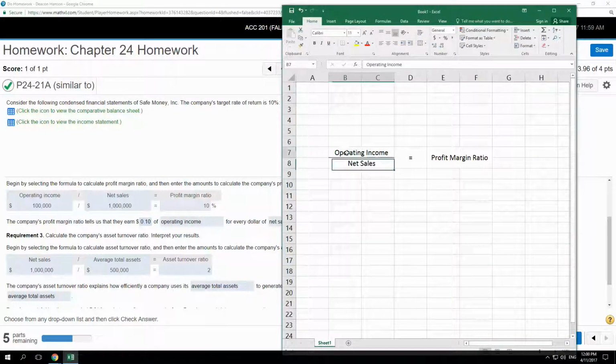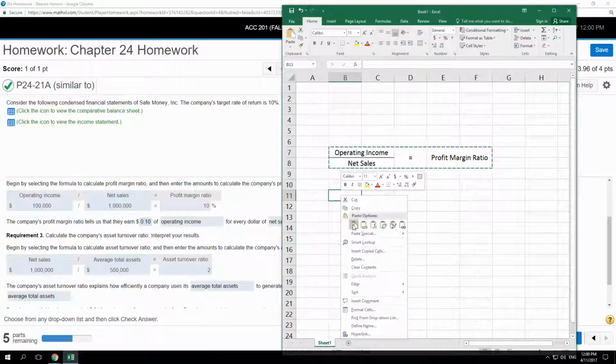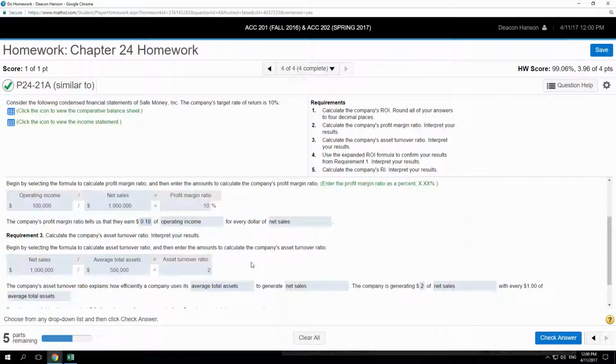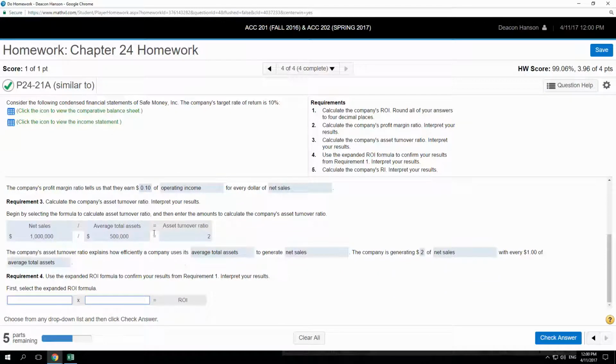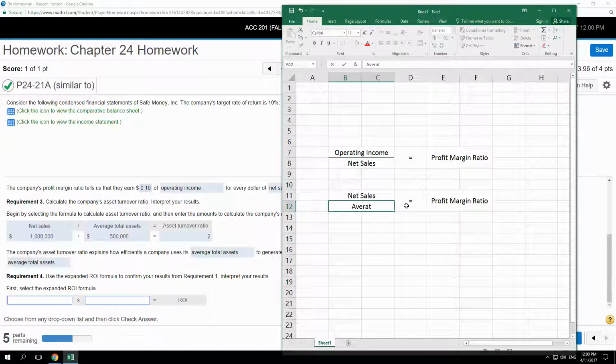Okay, and then if you look at the asset turnover ratio, it's net sales divided by average total assets. Okay, this would be our asset turnover.